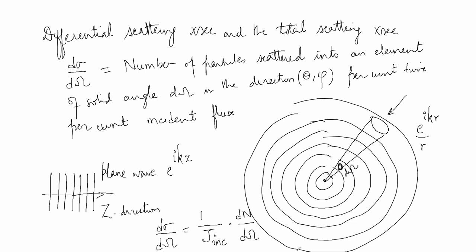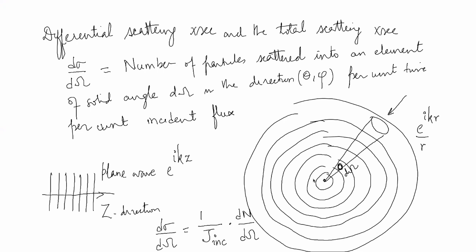See, what I am telling you is that when we are talking about scattering, suppose I don't have any target particle. The target particle provides a potential, and the incident particle feels the presence of the potential, and that is why it modulates its path, and we say that scattering has taken place.